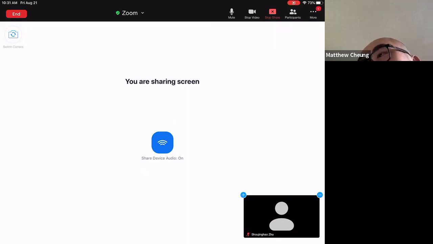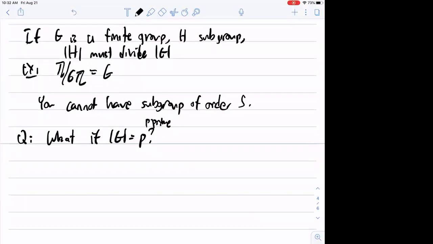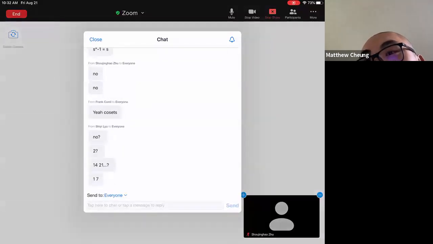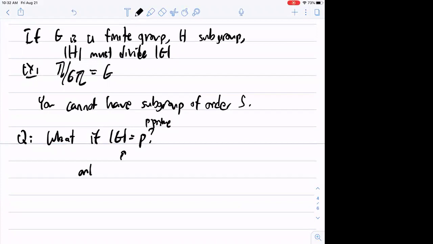Like the numbers that divide 6 are 1, 2, 3, and 6. I think you're thinking of multiples, not division. Yes, 1 and 7, right? The only divisors are 1 and P.